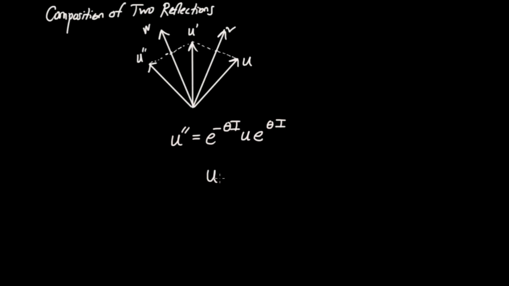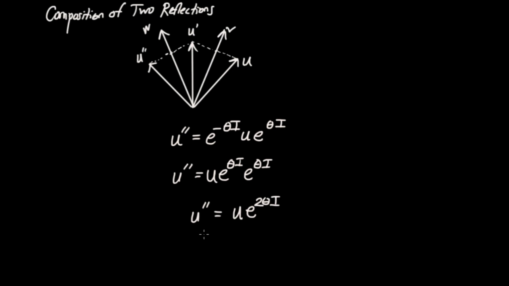So what I have is that U times e to the minus theta I, or just plain old plus theta I, and then I have this extra e to the theta I out here. That's still equal to U double prime. And I'm going to multiply these two together. And what I get finally is that U double prime is equal to U times e to the 2 theta times big I.